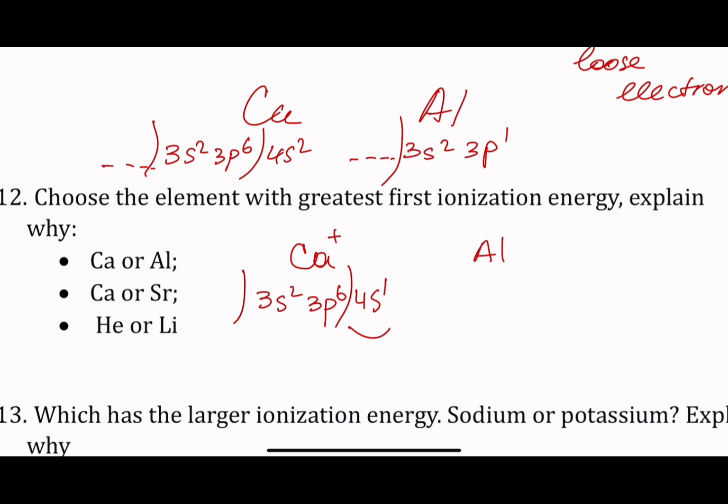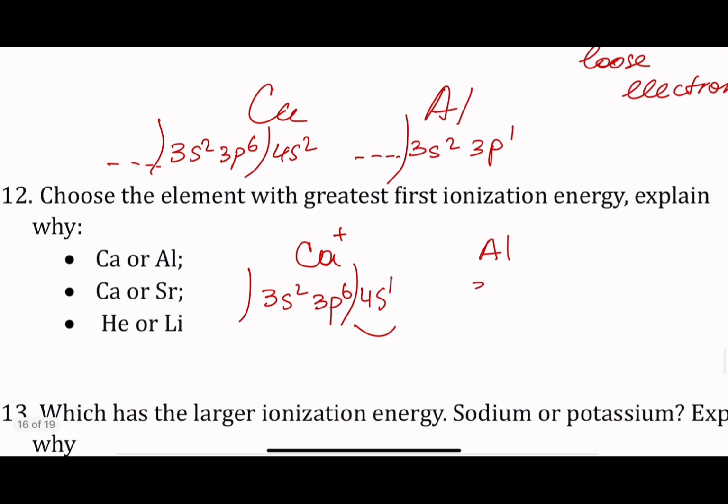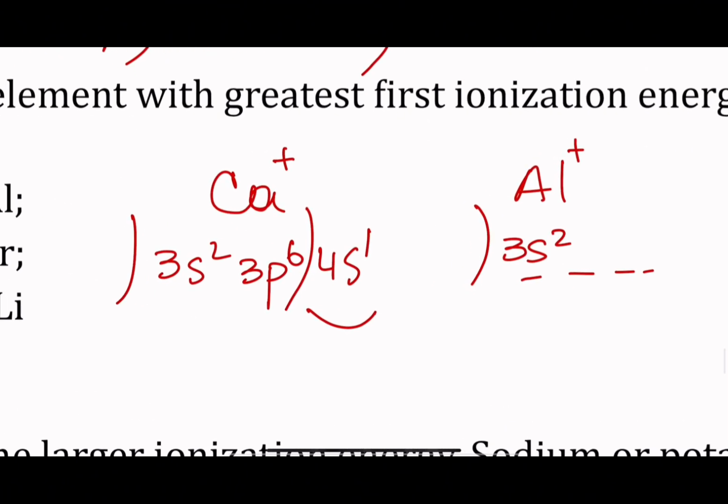It has 3s2, and it will become 3s2 with 3p0, we don't even need to write it. We did not enter the inner shell, which for aluminium is 2p6, and for calcium the inner shell is 3s2 and 3p6.